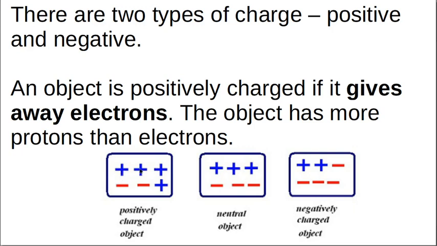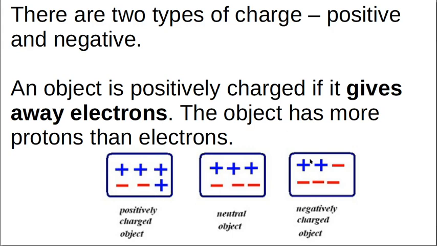If you look, 1, 2, 3, 4 positive charges, 1, 2 negative charges. So there's more pluses than there are minuses. This is positively charged. In order to become positively charged, it lost an electron. Do not touch the protons. This object lost an electron because only electrons can move.